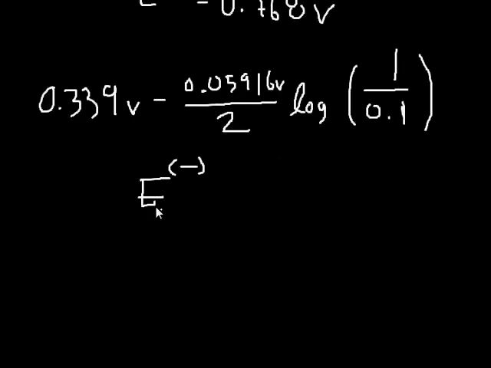So for our negative side, remember these are just assigned. The negative and the positive, they're just assigned because of where it is. It doesn't actually mean they are negative or positive, but we are going to get 0.309, and you'll see what I mean later.